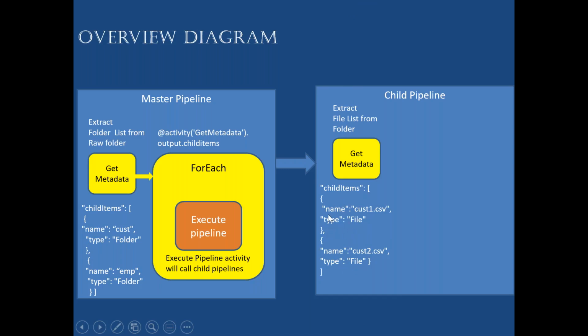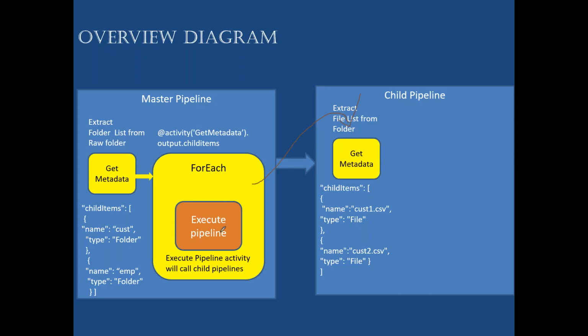Name equal to cust1.csv, type is file; name equal to cust2.csv, type is file. Because you passed the cust folder to this get metadata activity, and asked it to fetch the files that are there under the cust folder. Got it? So who passed this cust folder from the master pipeline to here?